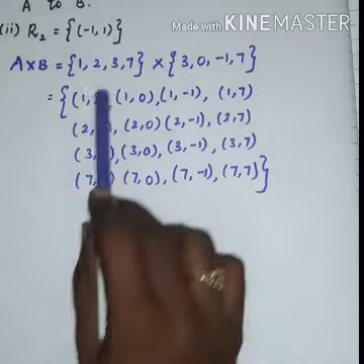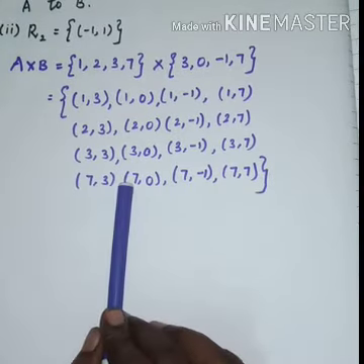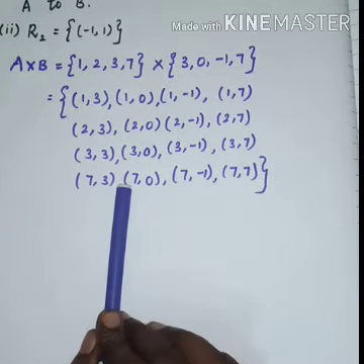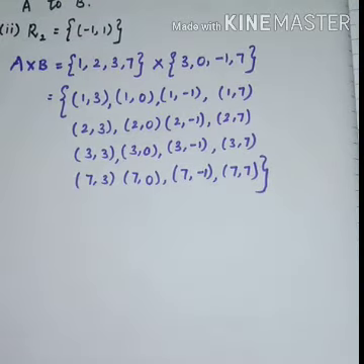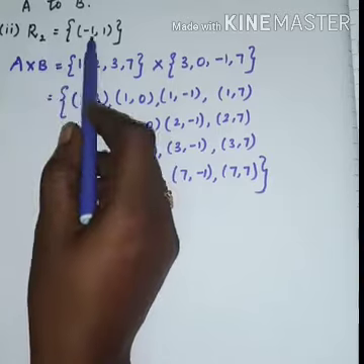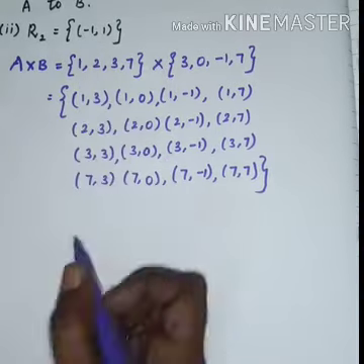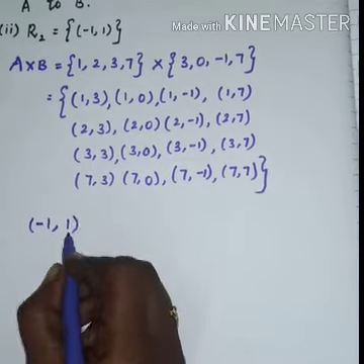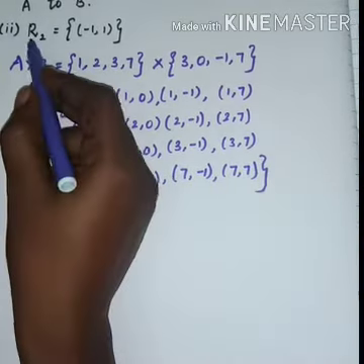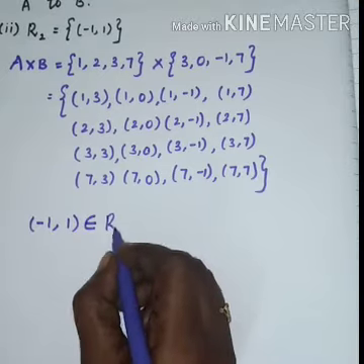We wrote all the elements of A cross B here. Then we have to check whether R2 is a relation or not. R2 has only one element, that is (-1, 1). So (-1, 1) belongs to R2.